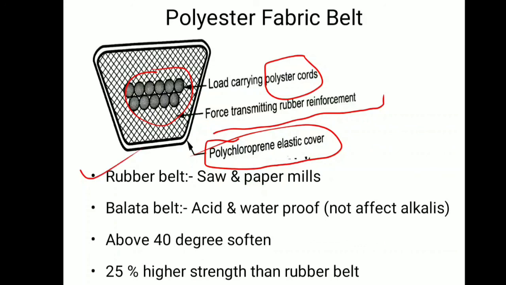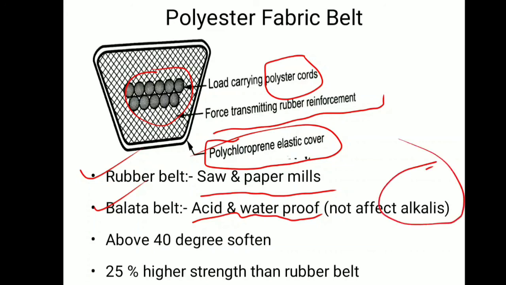Next material is a rubber belt. We all know this rubber belt, it maintains the elastic property and all that. Generally used in saw machines and paper mills. Then the next one, this is also important, Balata belt. The importance of this is that it is an acid and waterproof belt, and it will not be affected by any chemicals, that is alkalis, but beyond 40 degrees these types of belts are softened, correct.